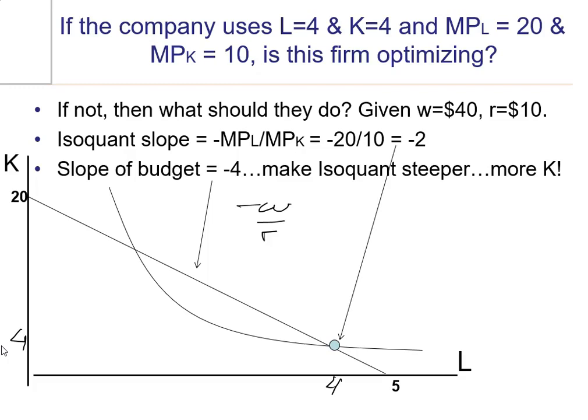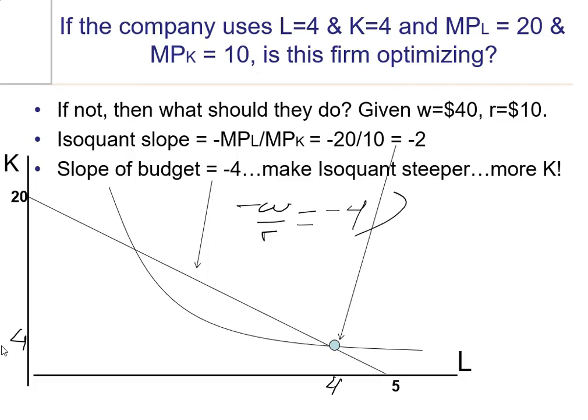Well, MPL over MPK is negative 2. The slope of this budget constraint, going from 20 down here to 5, is negative 4, because wages were 4 times the cost of your rental price of a machine.